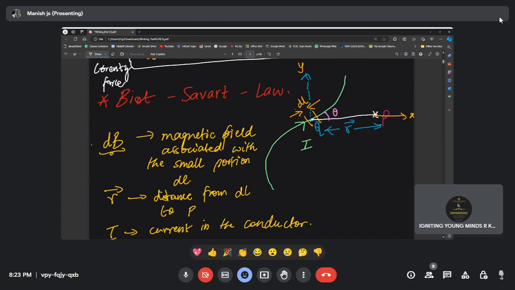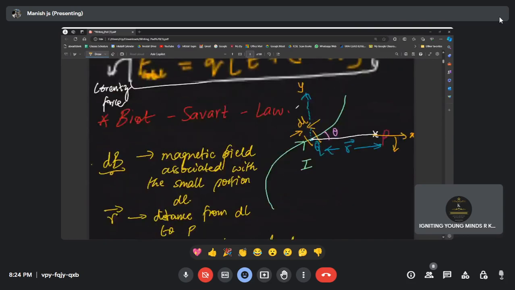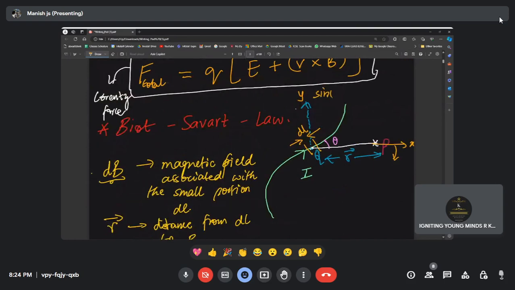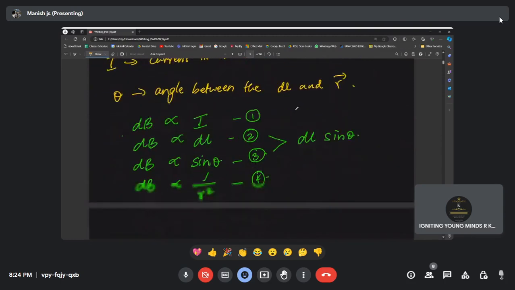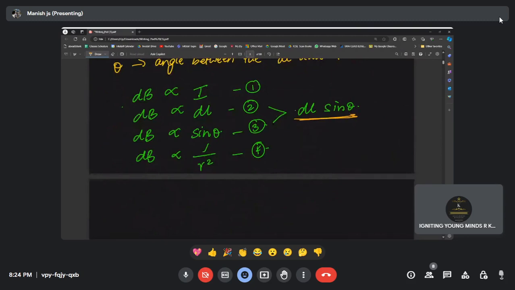Then there is the horizontal component and the vertical part. Whenever it is vertical or perpendicular, the magnetic field strength will be greater. That is the reason we are using the vertical component, which is the sin theta component, with value dl sin theta. This is the vertical component of dl that we are taking.